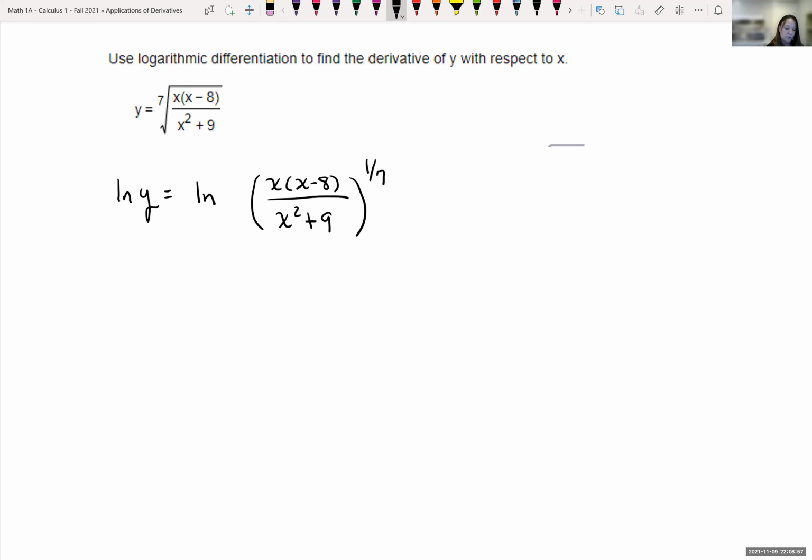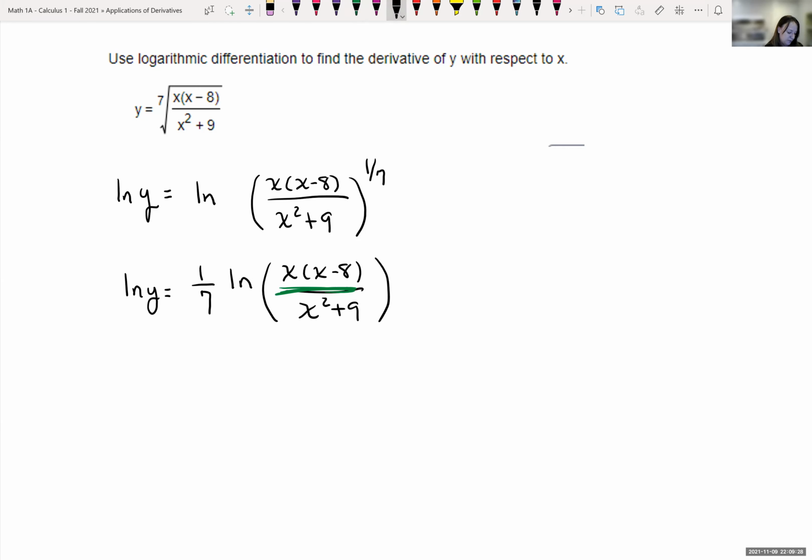So we can use rules of logs to bring that exponent down. And so we have 1/7 of the natural log of this quotient x times x minus 8 divided by x squared plus 9. So rules of log says if we're taking the natural log of a quotient, we can break that down with a minus in between.